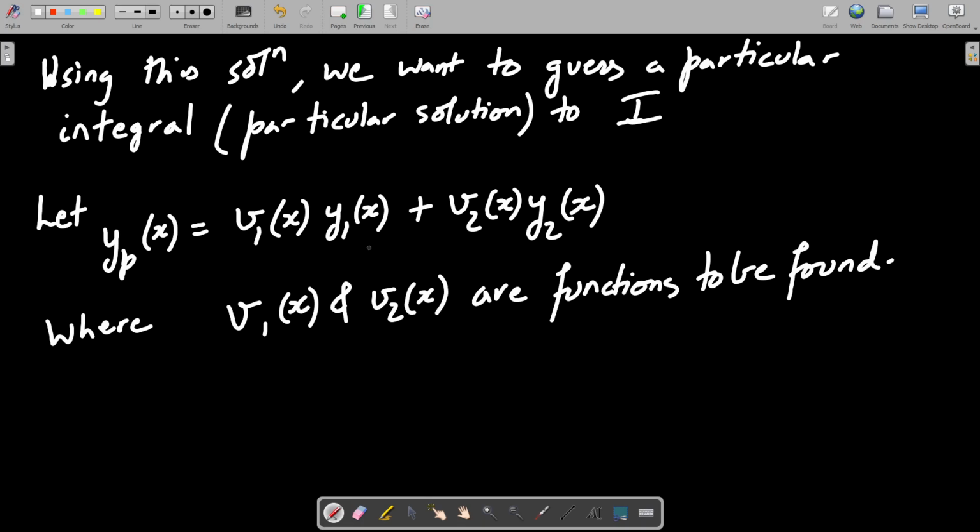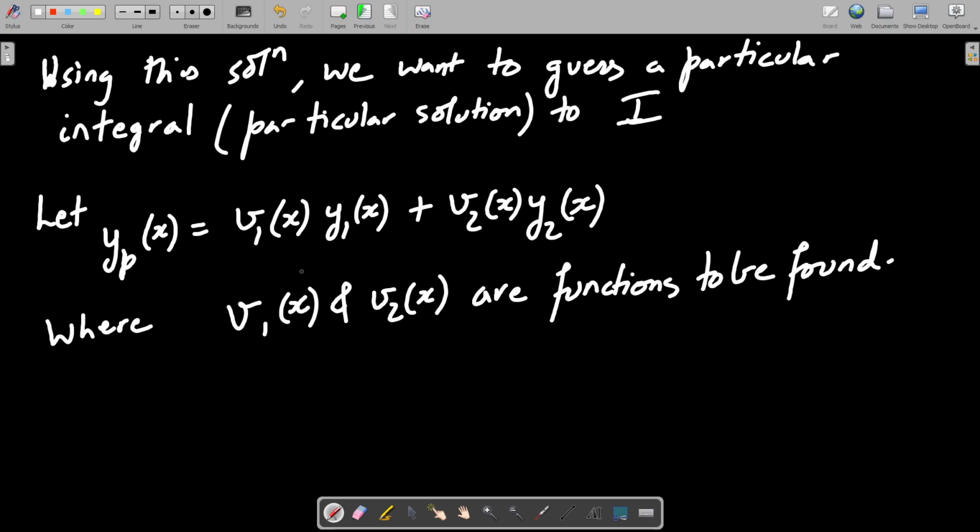I write my v like this, so just be careful. We have to do some tricks over here and find out the values of v1 of x and v2 of x.